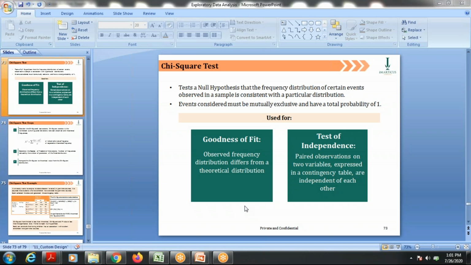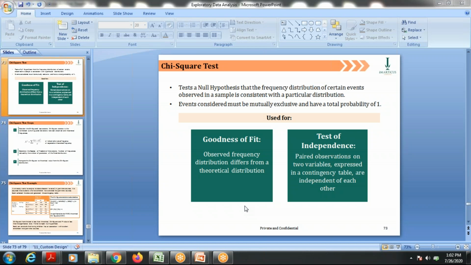Then the second box is saying test of independence. Paired observations on two variables expressed in a contingency table are independent of each other. That is what we call a contingency table, the way the entire process is taken care of. I hope that is fine. Sir, observed frequency is in the sense that we calculate the percentage out of male and out of female, right?